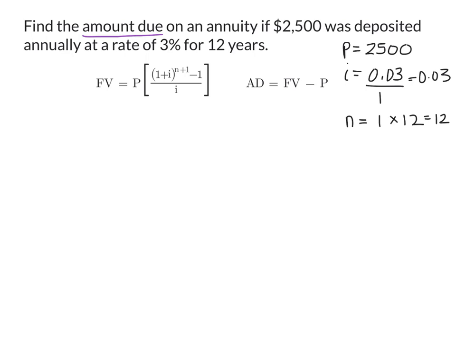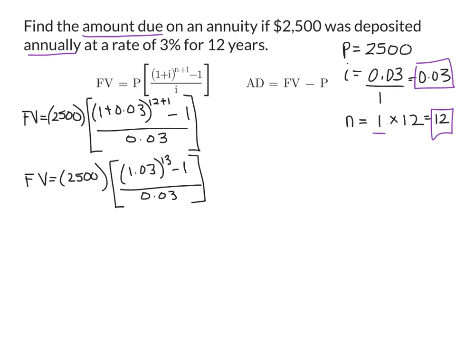I is 0.03, because we're compounding annually. So I would take 0.03 divided by 1, which just gives me 0.03. And then n, which is the total number of compounding periods, is 1, since we're compounding annually, times 12, which is just 12. So we'll take those values and plug them into our formula.